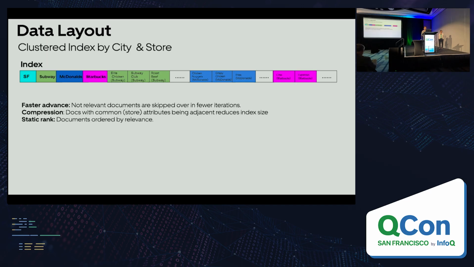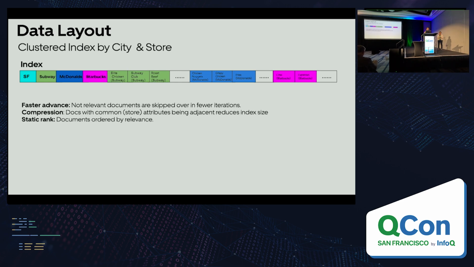And the other nice benefit that we get is that if your data is denormalized, in our case, sometimes we denormalize all the store fields into the items as well. In that case, you have a lot of common attributes for the docs. So the item docs for the store will have similar store-level attributes adjacent to each other.